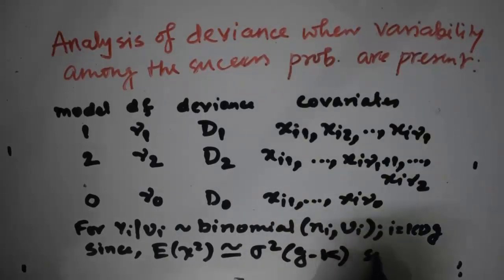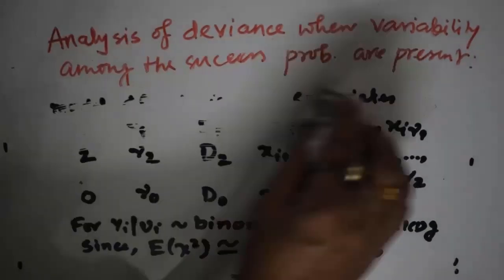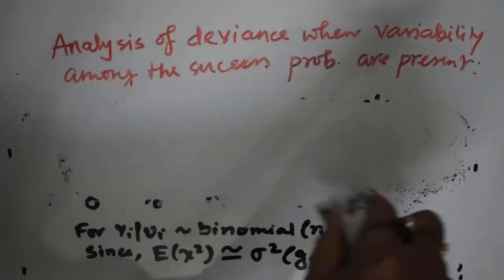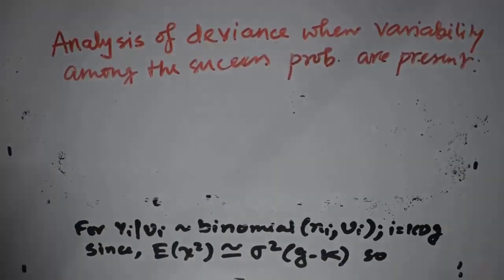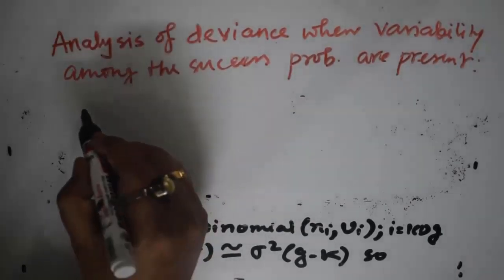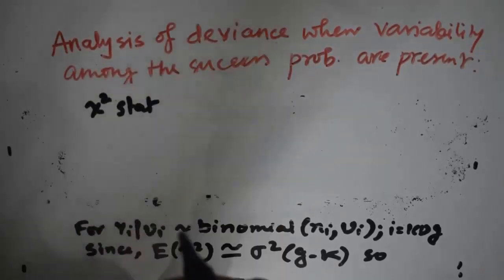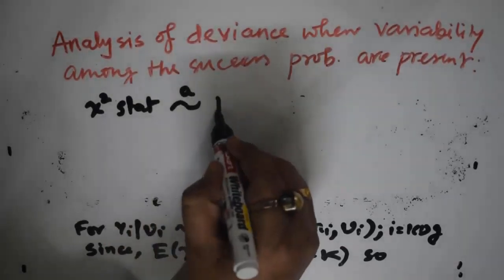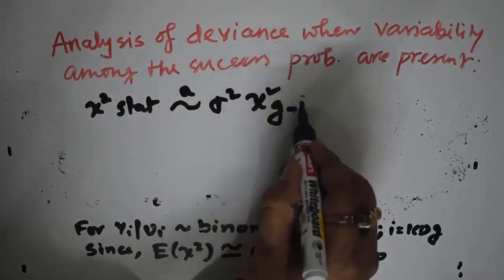So we expect that chi-square statistics follow asymptotically sigma square into chi-square g minus k.